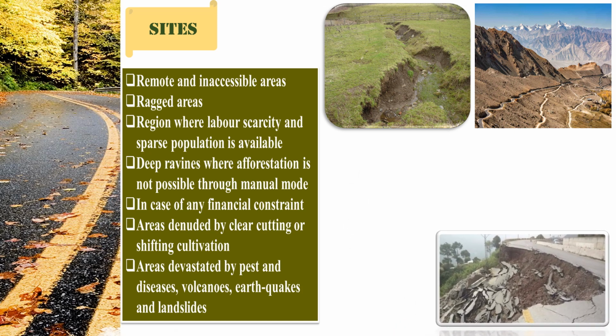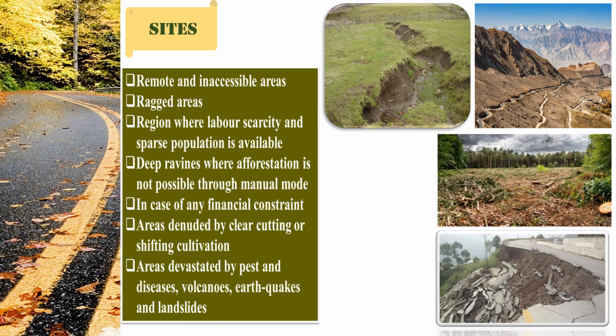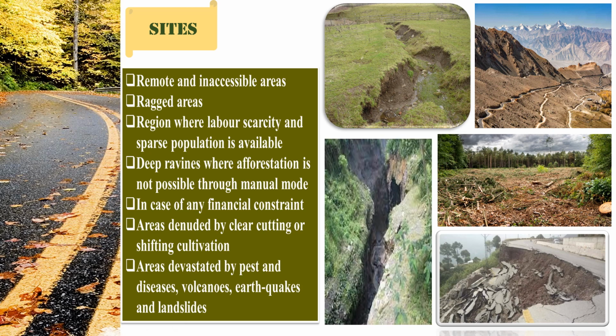It is also applicable in areas restricted by landslides. It is successful in uncultivable land. For example, in shifting cultivation, the land is left without cultivation. Here, aerial seeding is successful. Finally, it is also applicable in ravine areas.